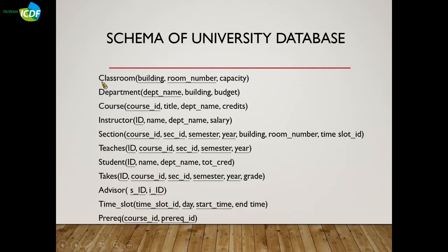For example, classroom has 3 attributes: building, room number, and capacity. And the combination of building and room number is the composite primary key. So with this primary key, we can easily identify the specific classroom in this table.